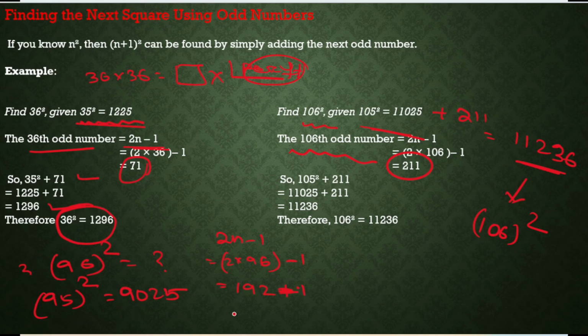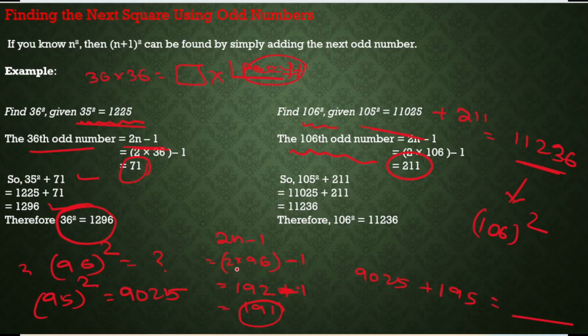Sorry, minus 1. So this is 191. So with 191, calculate 9025 plus 191. The result is 96 square.